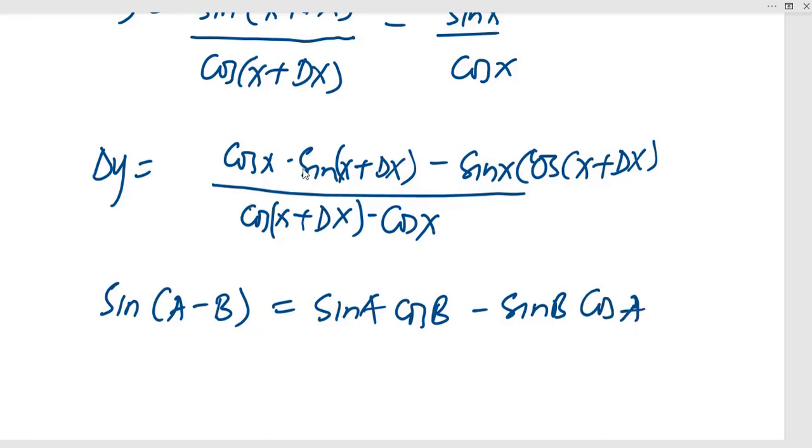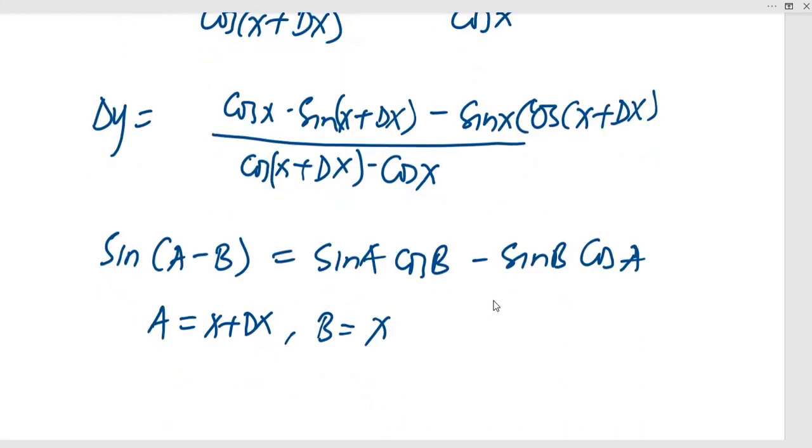Now if we assume that a is equal to x plus delta x and b is equal to x, like we are seeing it here, it means I can say this is cos x, then this is sine of x plus delta x, then minus sine b, which is sine x, then cos a, which is cos of x plus delta x.